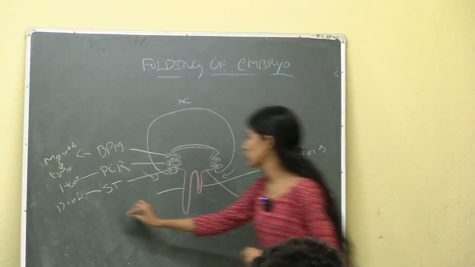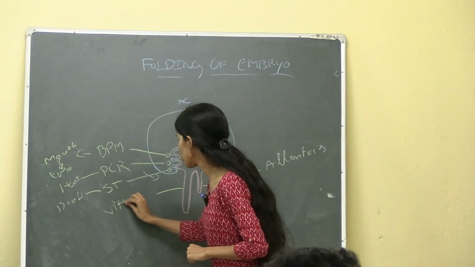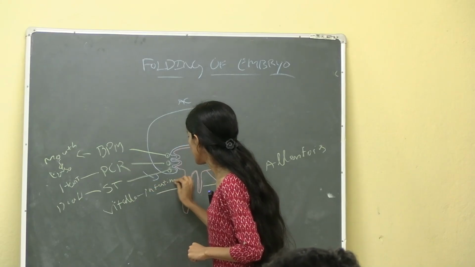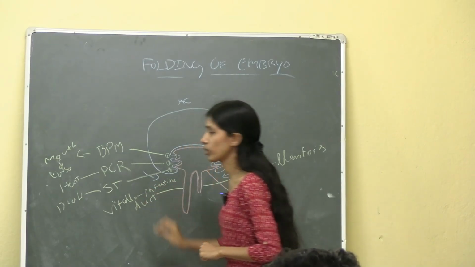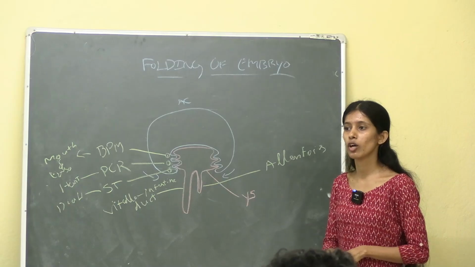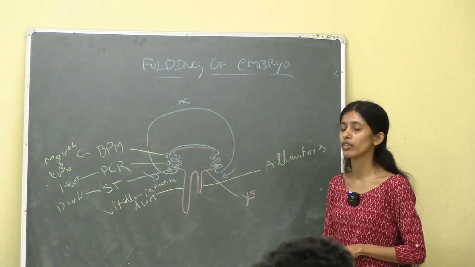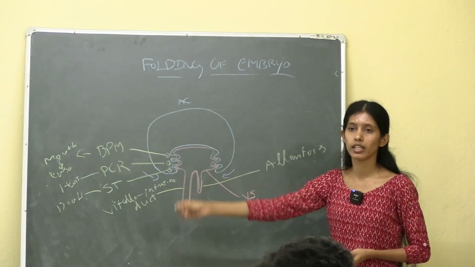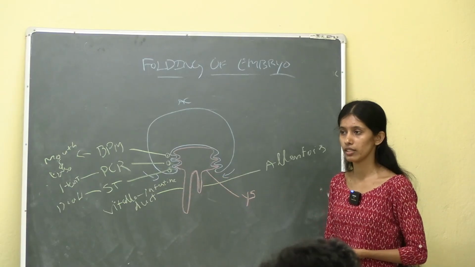This structure is called vitelloint­estinal duct. Okay. So after the folding of the embryo, in the yolk sac we can see two elongations. One is allantois and the other one is vitelloint­estinal duct.